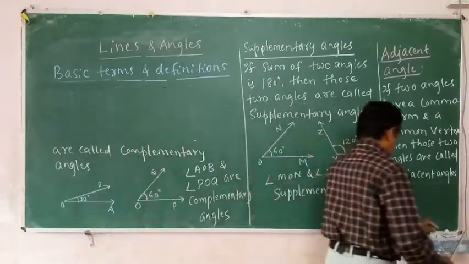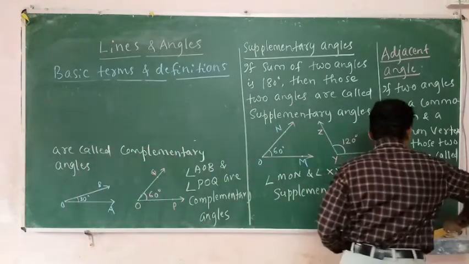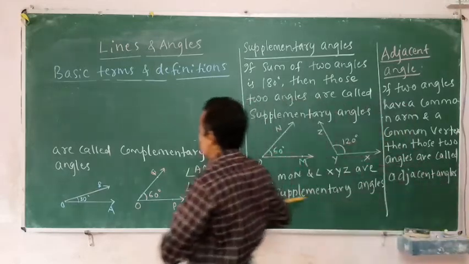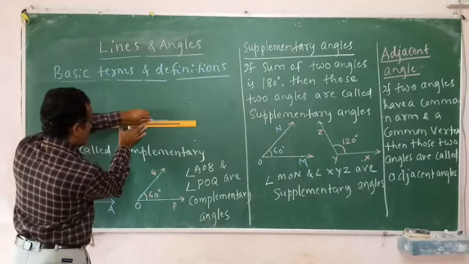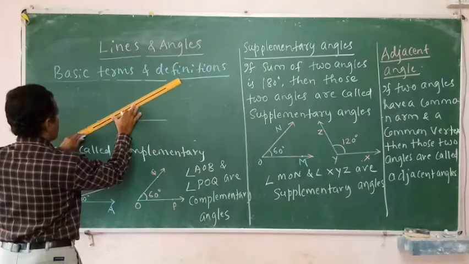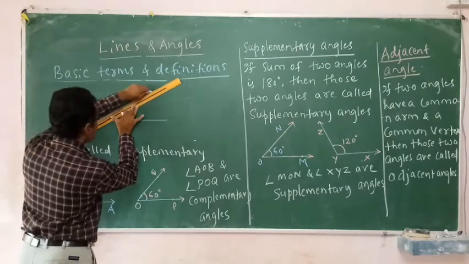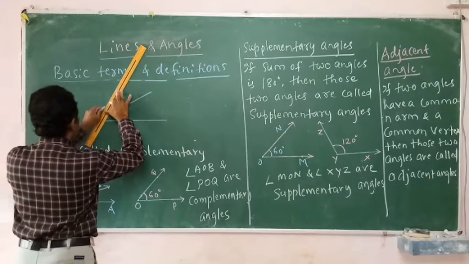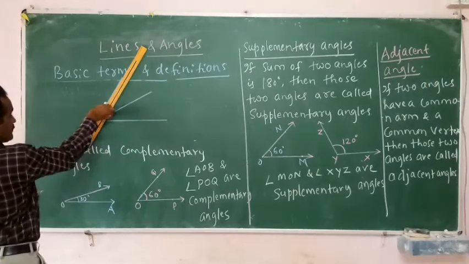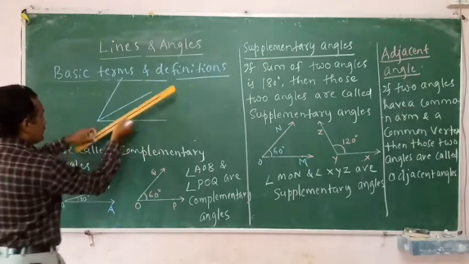Okay, see how the adjacent angles can be drawn. Look at this. I will draw first angle like this and the second angle like this. Look at this figure.